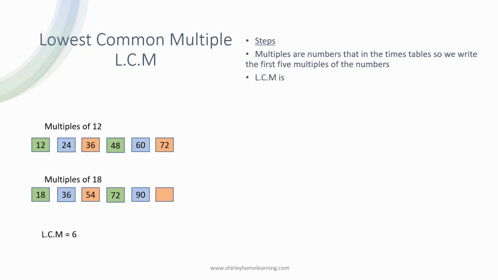So the lowest common multiple for 12 and 18 would be the number 36. So the LCM would be 36. Right? Because that is the smallest number which is a multiple of 12 and 18.